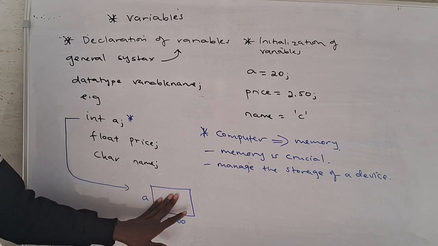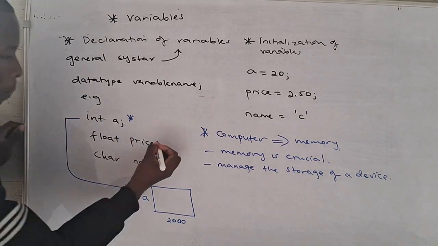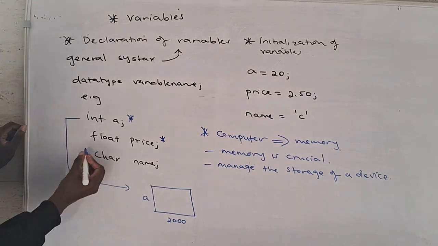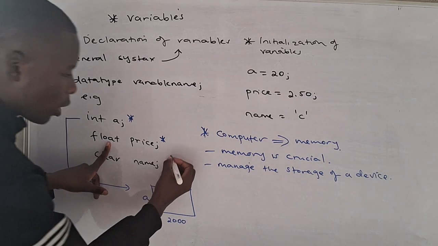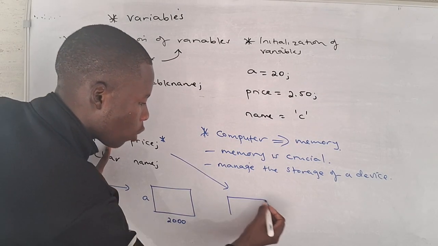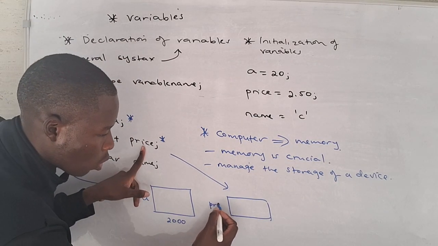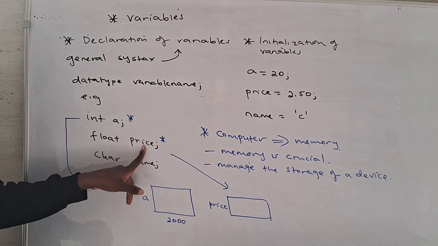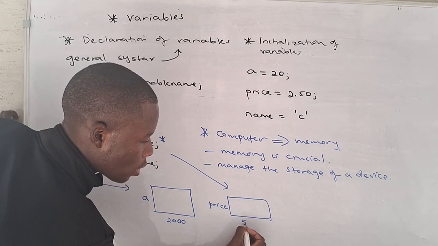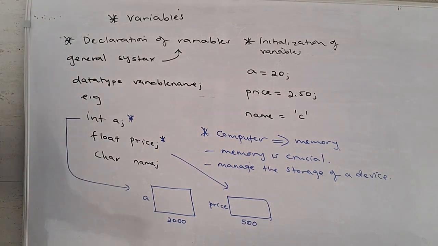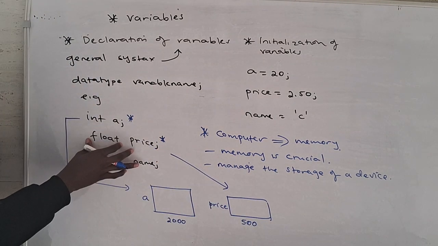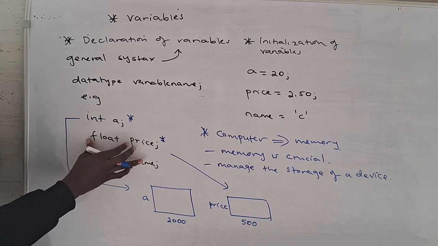If the compiler reads the next statement, some space is allocated for the variable called price. Suppose the memory address is 500. This is going to store a floating point, a decimal number.